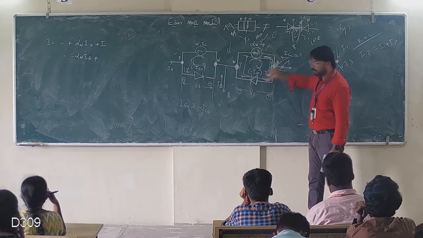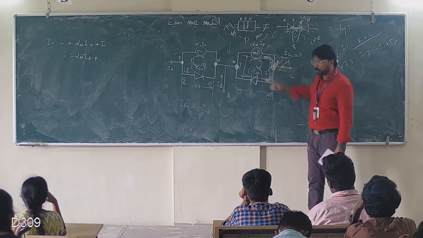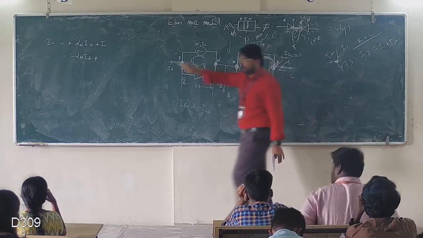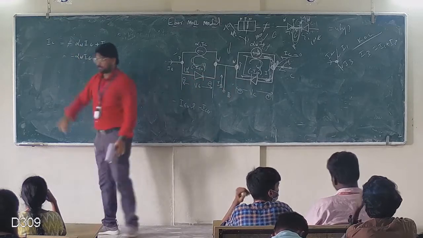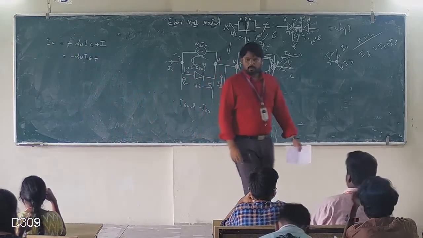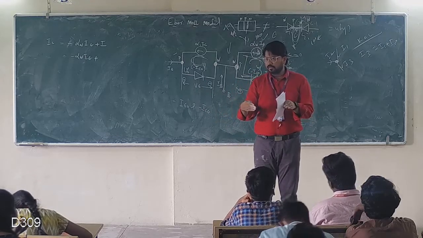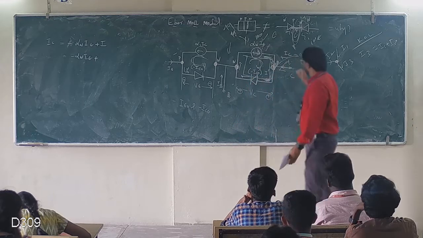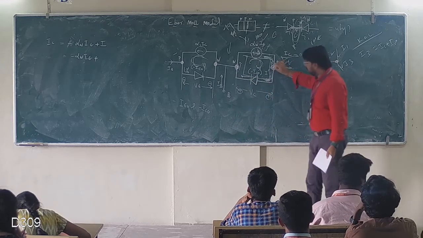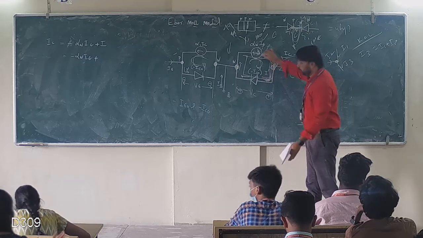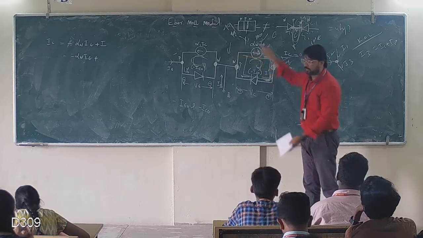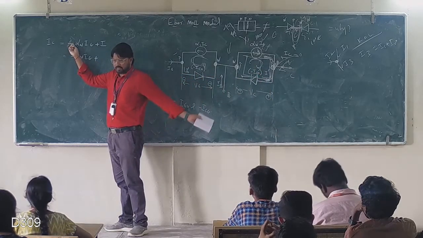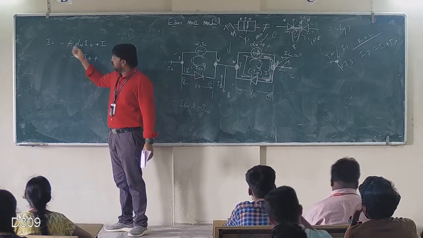If we take the direction as assumed we could say plus, but what is the actual direction? This direction, so I put minus. Two vehicles come from two roads, join at one place and go out, right? So the collector current is the incoming current and this is the outgoing current. I assumed this as incoming, but I put minus, since the actual direction is outgoing. So IC is equal to minus alpha n IE plus I.